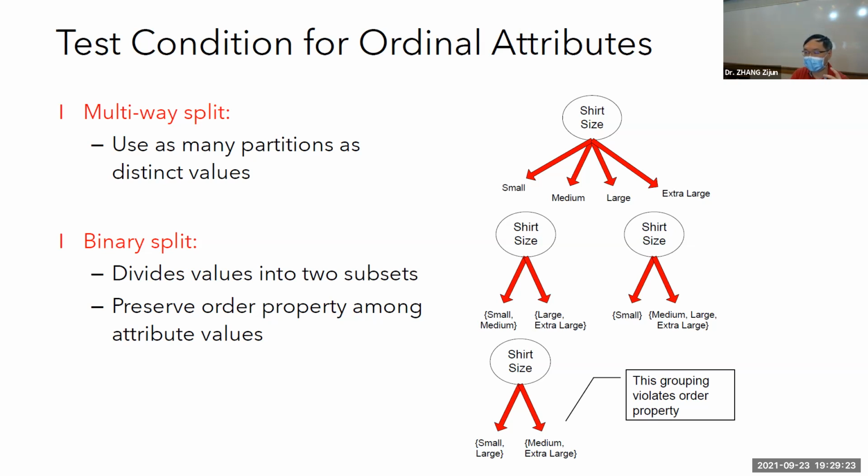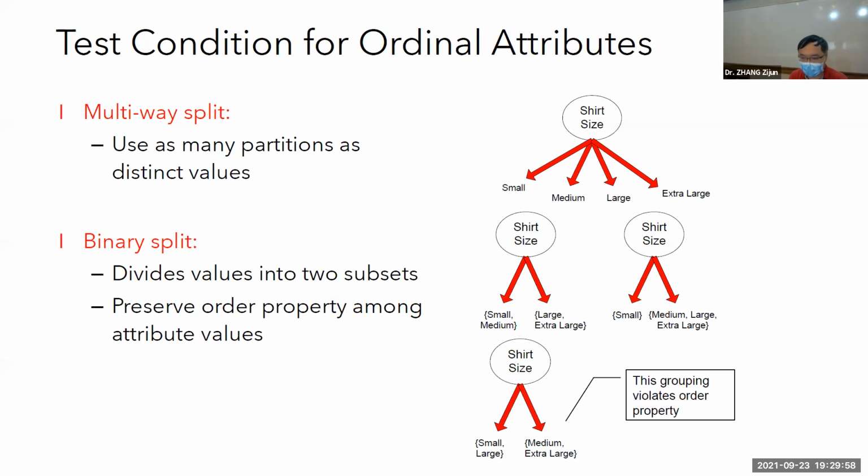That means extra large is larger than large, large is larger than medium, and medium is larger than small. So the order matters. Definitely, we can adopt the multi-way split according to the number of distinct values contained in this attribute. Here, the attribute has 4 distinct values, small, medium, large, and extra large, so we can use a 4-way split.